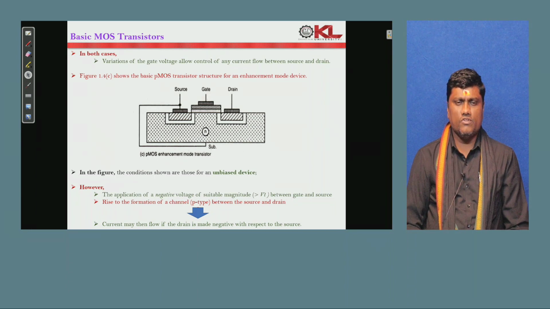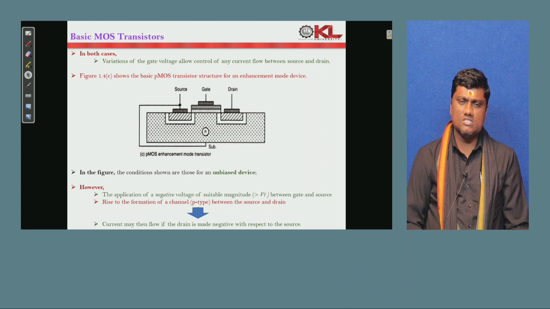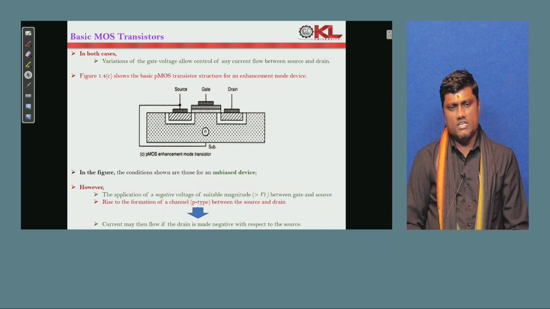We have another type of transistor, the PMOS transistor, which is made by PMOS technology. The PMOS enhanced mode transistor is similar to an NMOS transistor, except the substrate is reversed. In the case of the NMOS transistor the substrate is P type, whereas in the case of the PMOS transistor the substrate is N type.